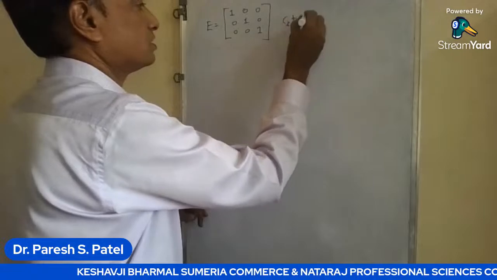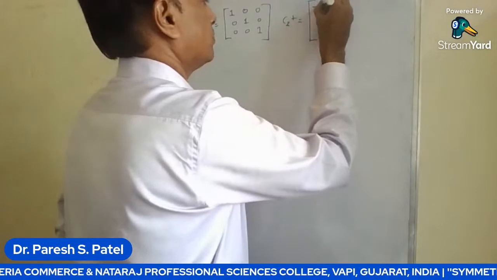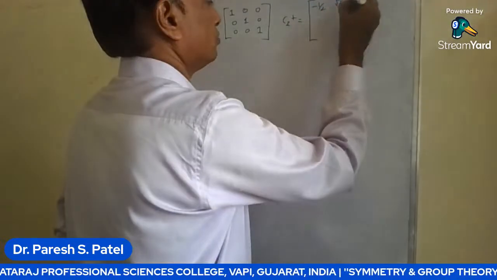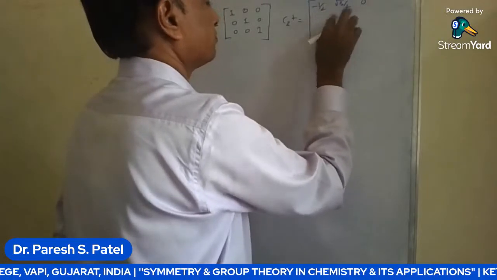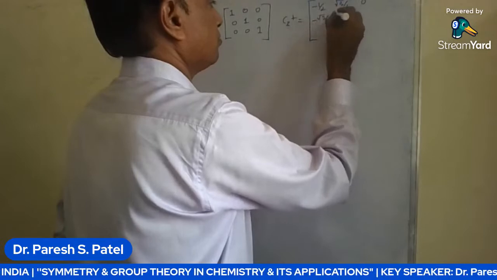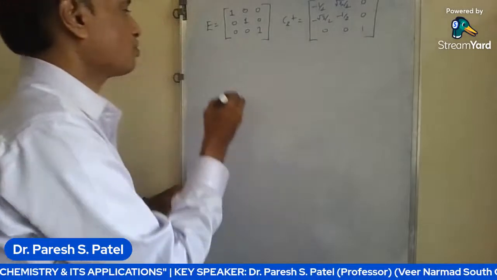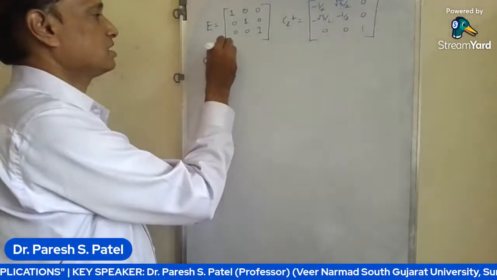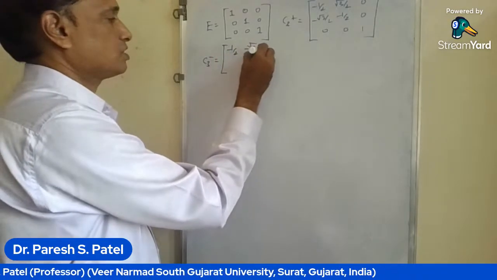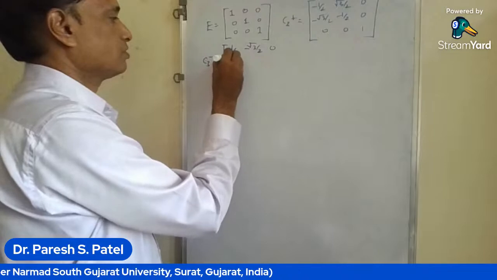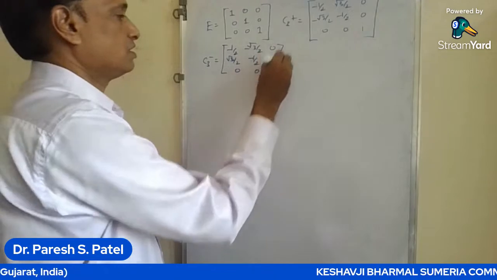C3 plus is -1/2, root 3 by 2, 0, -root 3 by 2, -1/2, 0, 0 0 1. This is the matrix representation for clockwise rotation. C3 minus is equal to -1/2, -root 3 by 2, 0, root 3 by 2, -1/2, 0, 0 0 1.